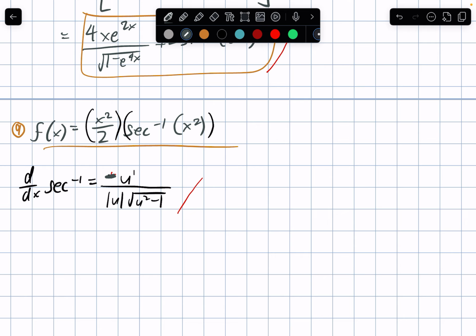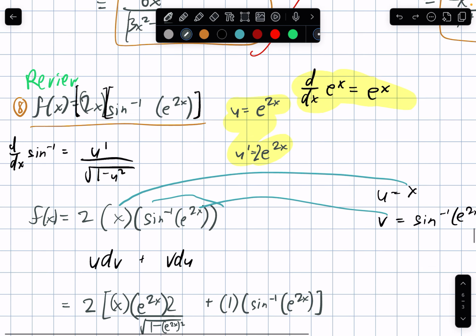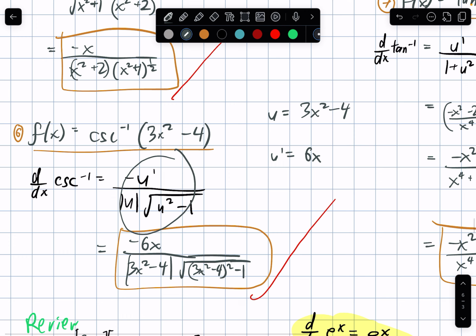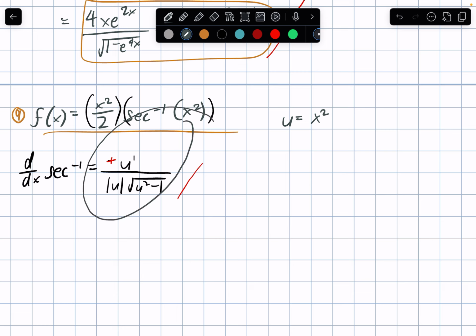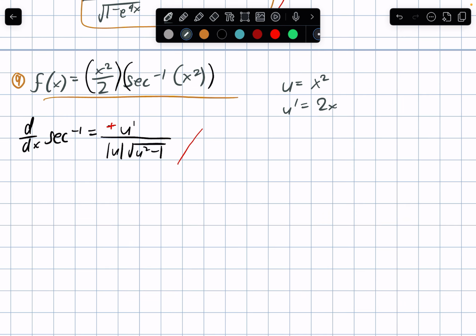What's negative is supposed to be the arccosecant, which is this. The one that's positive is the arcsecant, which is this. Okay, identify the u. U is equal to x squared. So u prime, or the derivative of u, is going to be 2x. And then, okay, let's start with the product rule already.